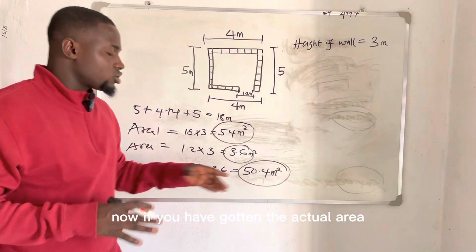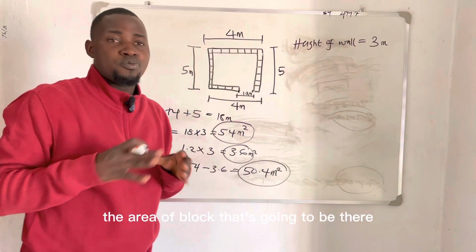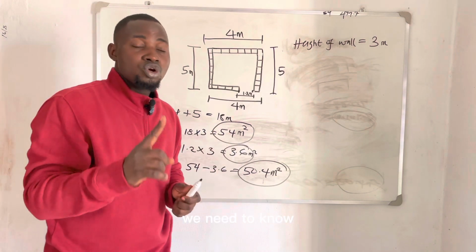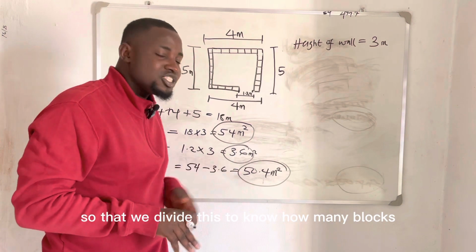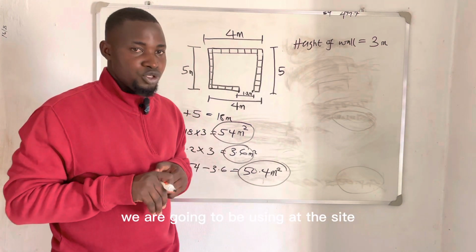Now, if we have gotten the actual area, the area of block that's going to be there, we need to know the area of one block, so that we will divide this to know how many blocks we are going to be using at the site.